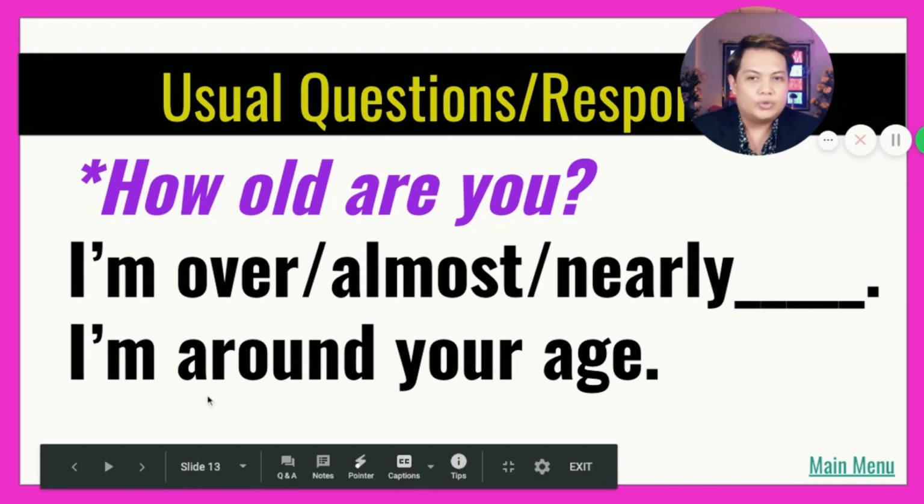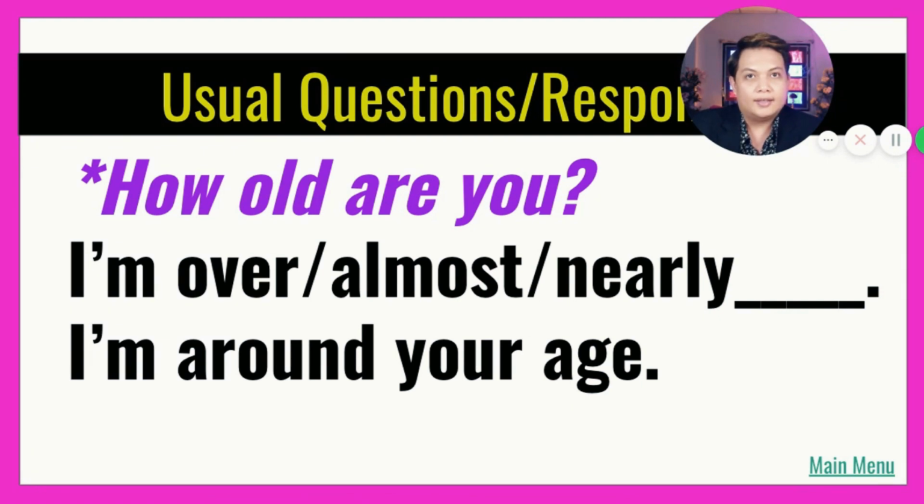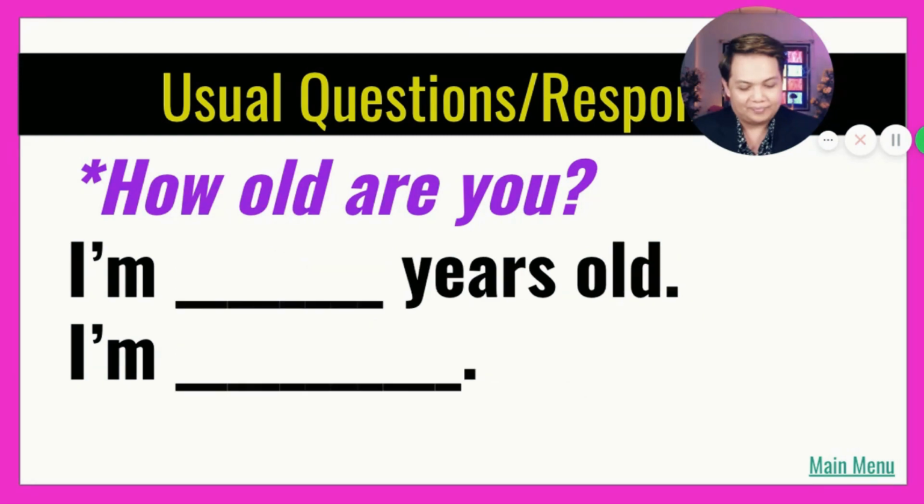So you can also say I'm around your age. You could use this when talking to someone of senior age, or casually with your friends, your relatives, your cousins, your brothers and sisters, or your family friends. Okay?